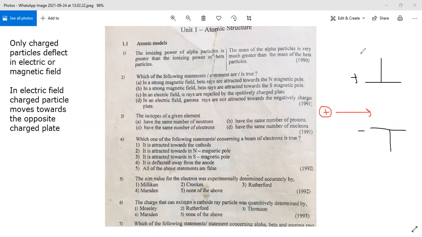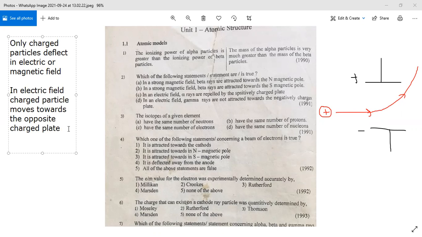Some students think that it goes onto the plate. No, it's wrong. It may or may not go onto the plate. It goes towards the plate. Towards means like this. Towards, not onto. That's a very good point.